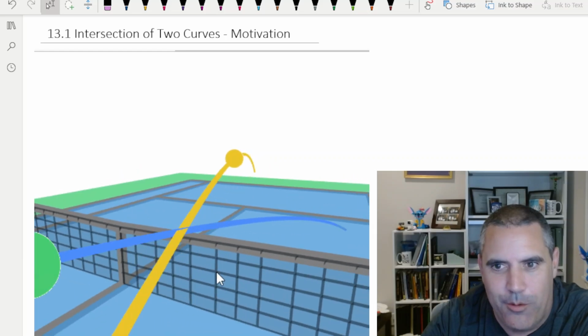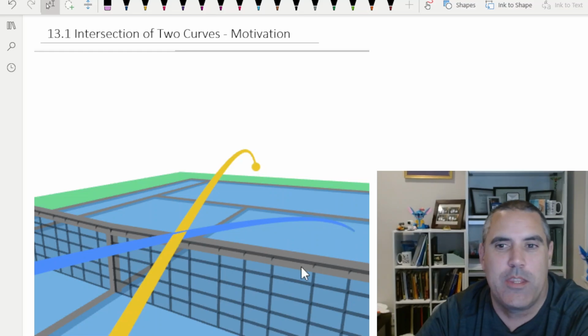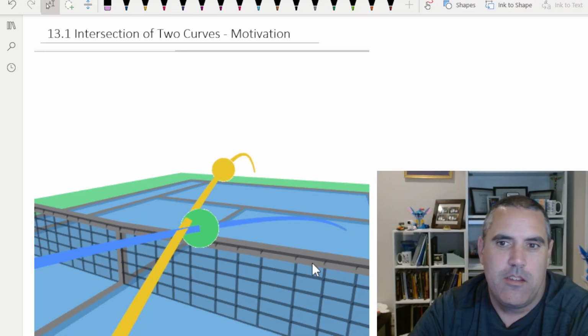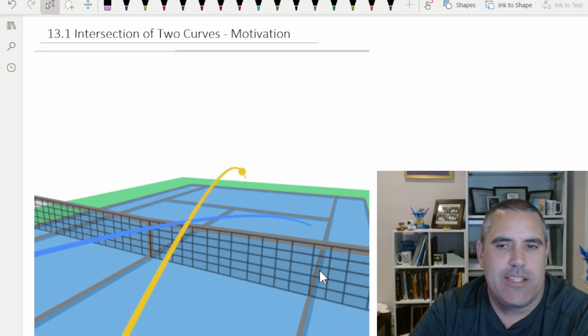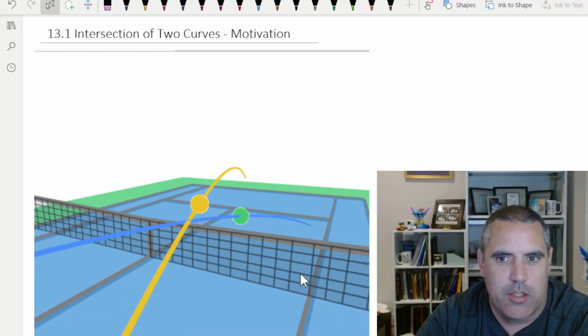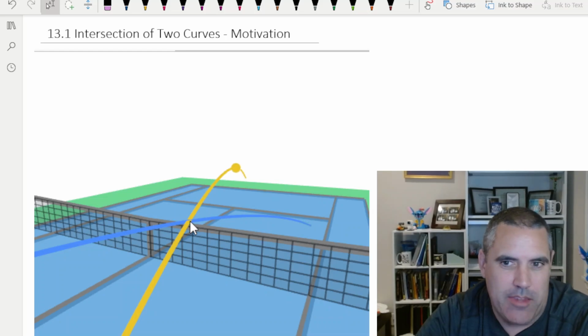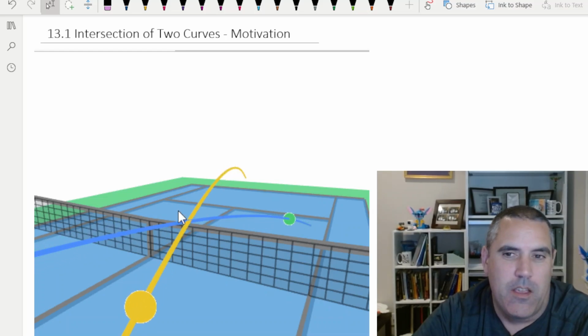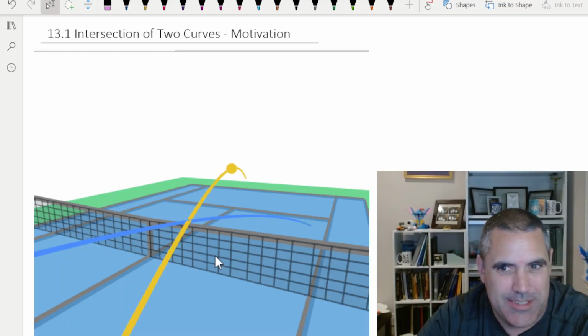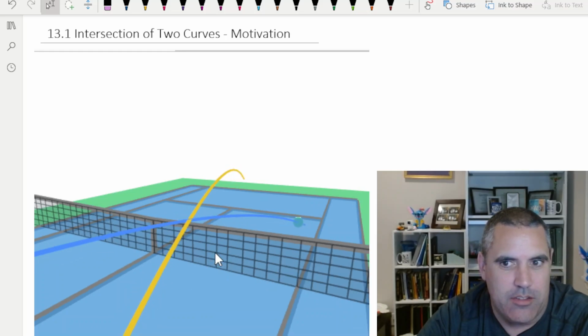So if your goal is to find the paths intersecting, we've done it, but they don't get there at the same time. That's why it's so important, as I talk about in class, to use a different parameter for each one if your goal is to study the paths. Because the paths do intersect now. If your goal is to study the tennis balls intersecting, that's an added challenge.